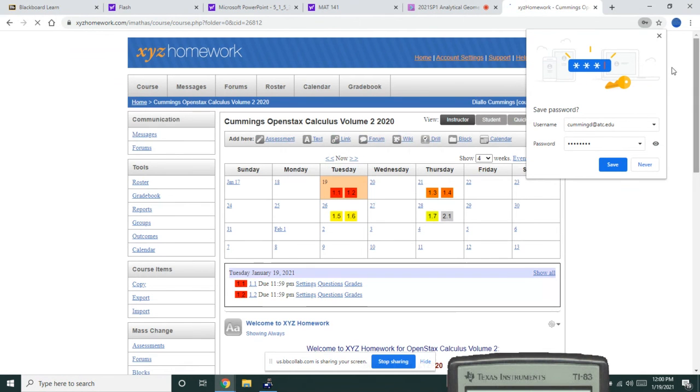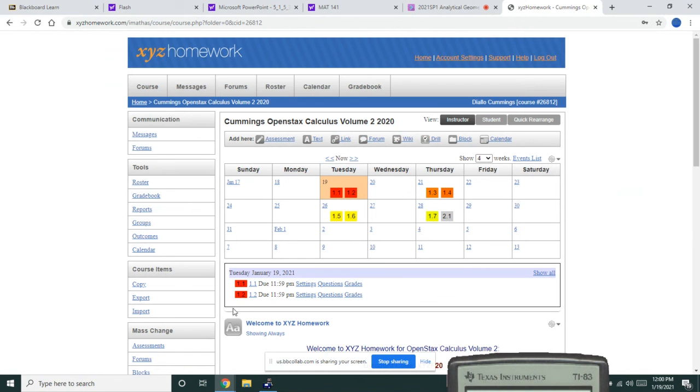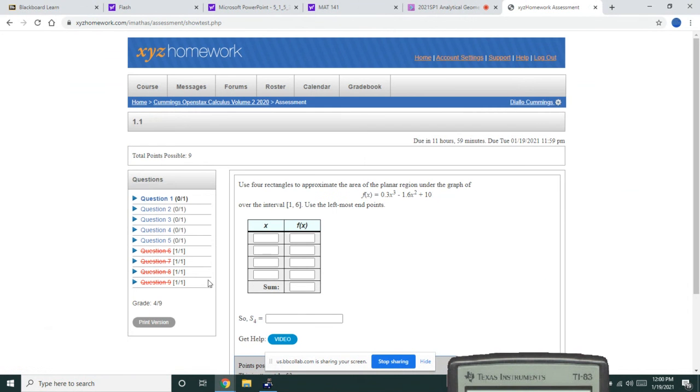I just want to point out a couple things. In this section 1.1 homework, problems number 6, 7, 8, and 9, you want to just omit those. I tried to take them out, but I believe once the homework was opened, you can't go back in.